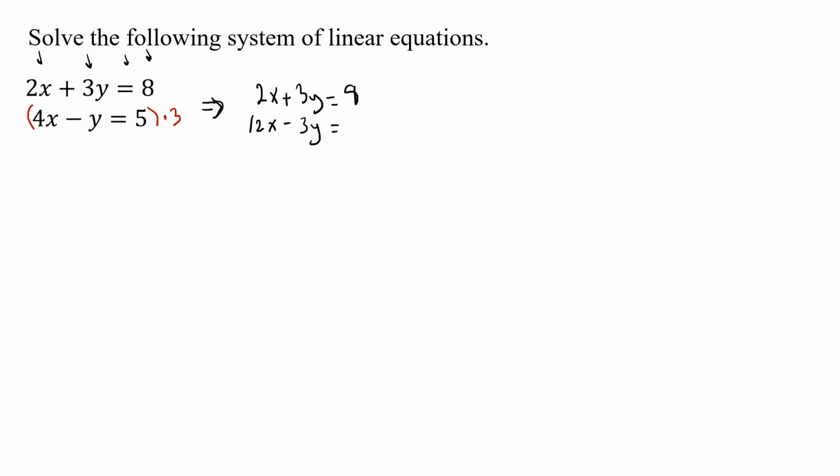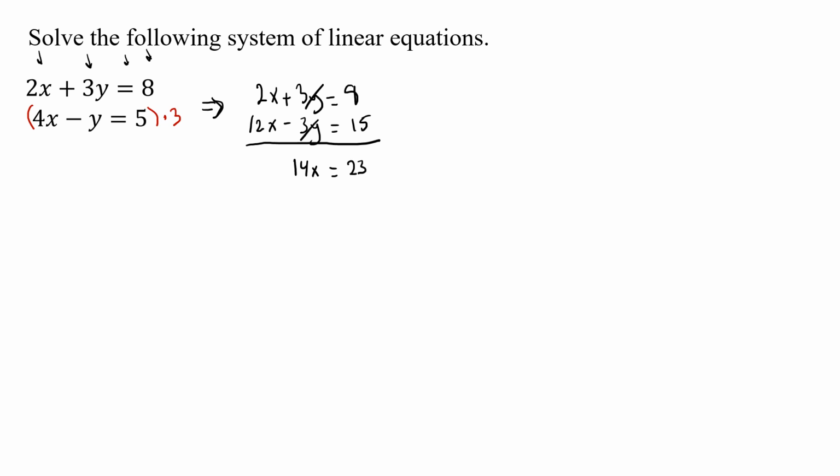And 5 times 3 is 15. Now that the y's are opposites, we're just going to add like terms together and see what we come up with. So 2x plus 12x is 14x. The y's cancel. And then 8 plus 15 is 23.